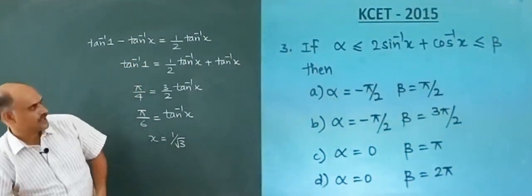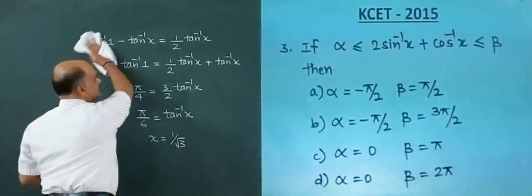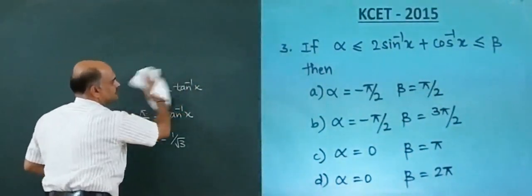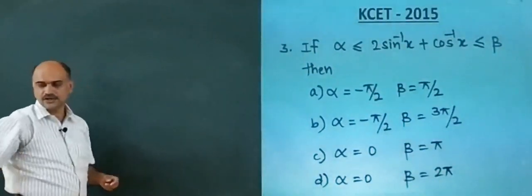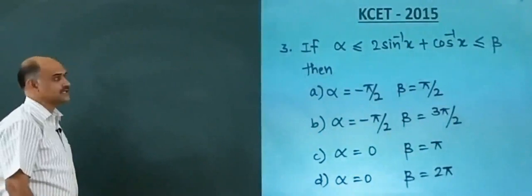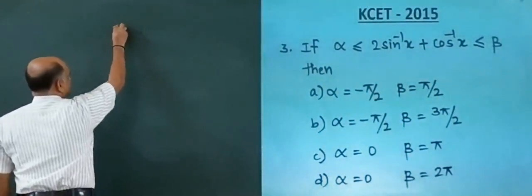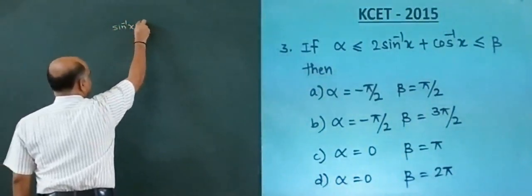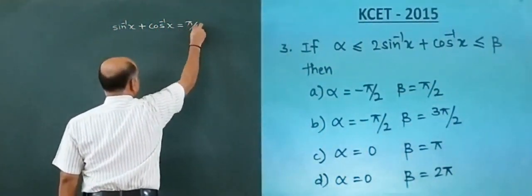Next, if I go for the third one, if alpha is less than or equal to 2 sine inverse x plus cos inverse x less than or equal to beta, then you are required to find alpha and beta. We know that in the first problem I told sine inverse x plus cos inverse x is equal to pi by 2.